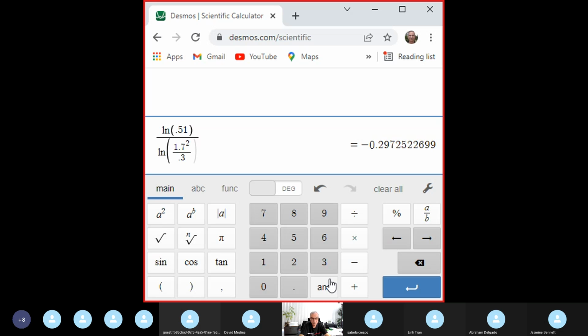In the bottom, it is 1.7 squared divided by 0.3. I computed before that it is 9 point something, and 9 is greater than 1. So the top part is negative and the bottom is positive, and negative divided by positive is negative. Okay, the answer is negative.